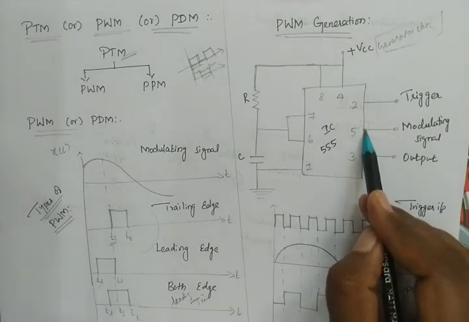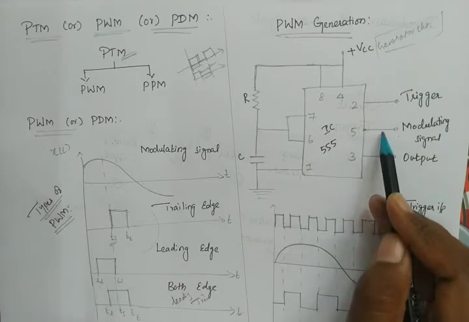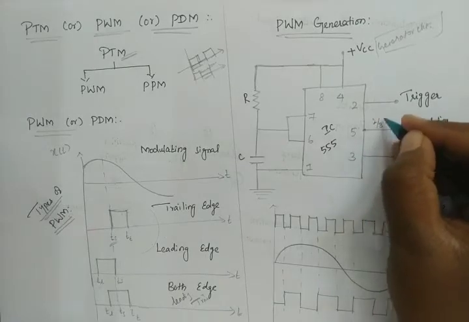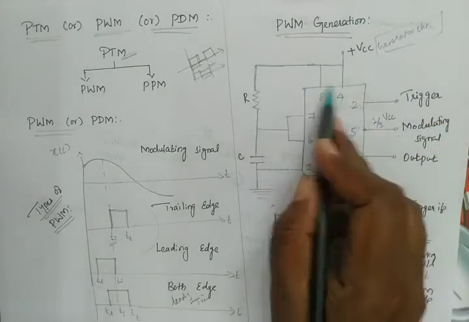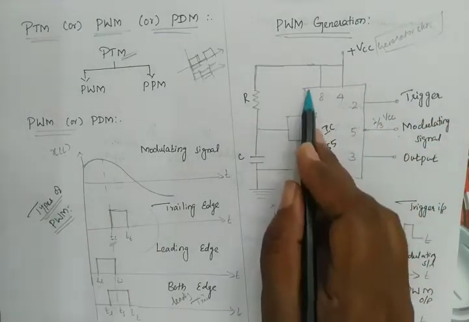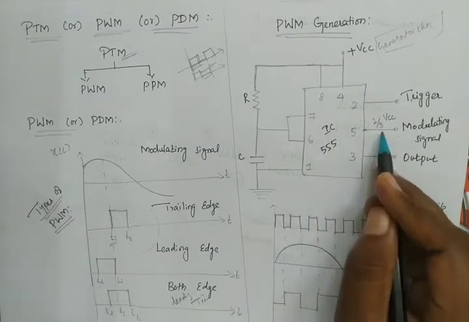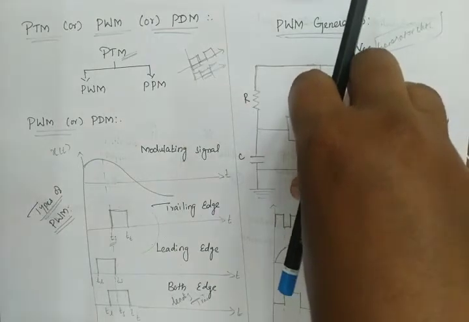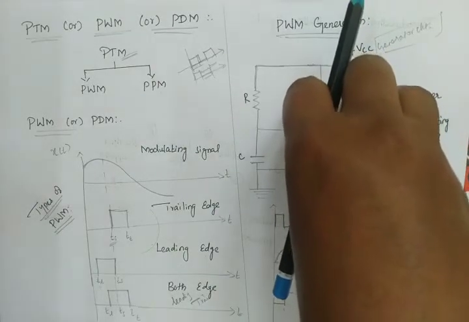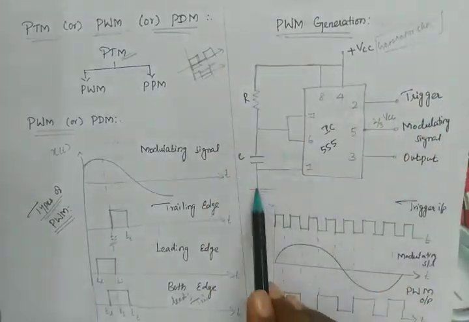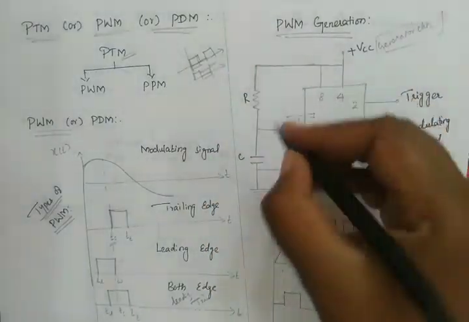The fifth pin is the control voltage, which will be adjusted to 2/3 VCC. So you might have studied the general pin configuration of this IC555, and in the fifth pin we have control voltage, and this circuit is actually called a monostable multivibrator circuit.